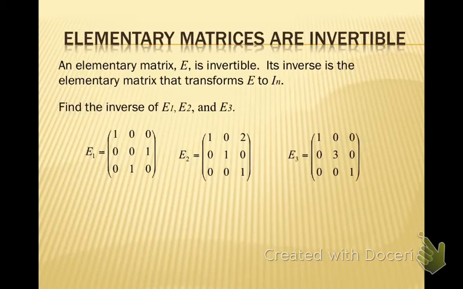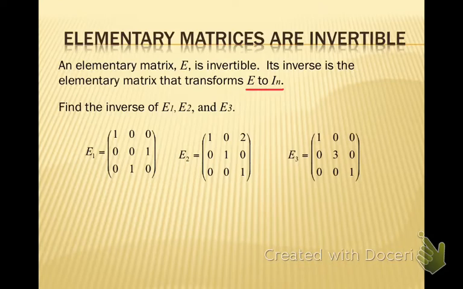You recall the way that we find elementary matrices is to perform one row operation on the identity. To find the inverse of an elementary matrix, by the way, all elementary matrices are invertible, we simply find the row operation that transforms the elementary matrix to the identity, and we perform that operation on the identity to get the inverse.